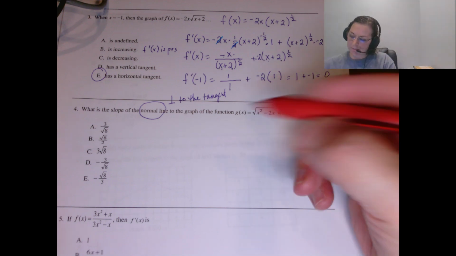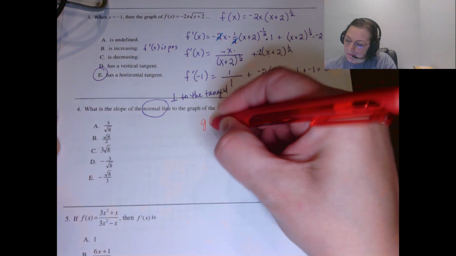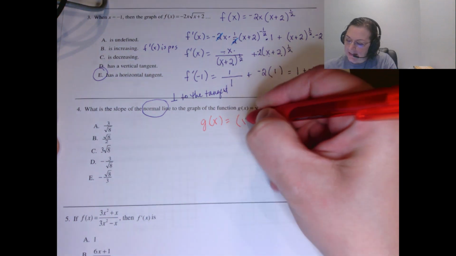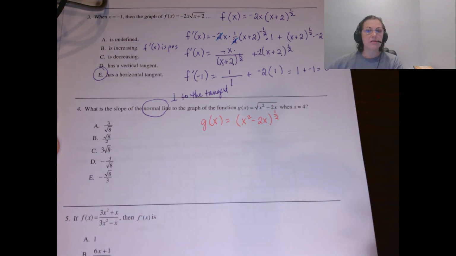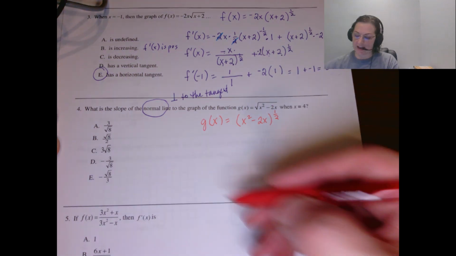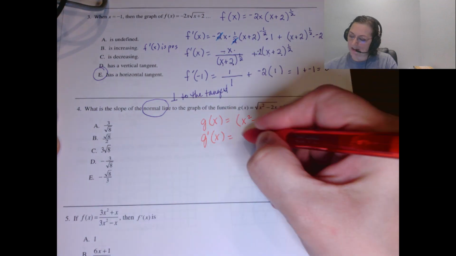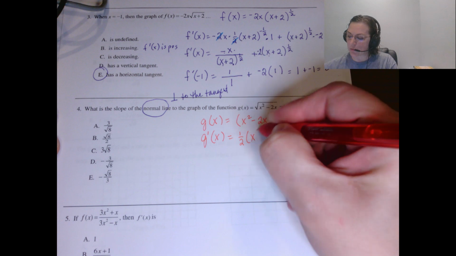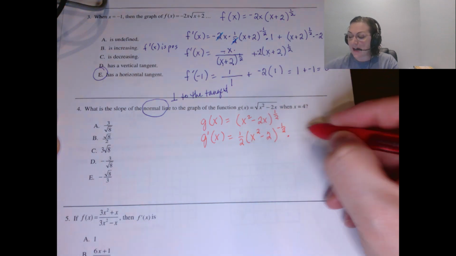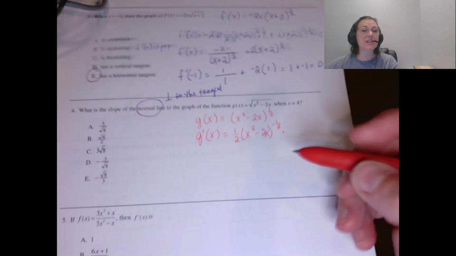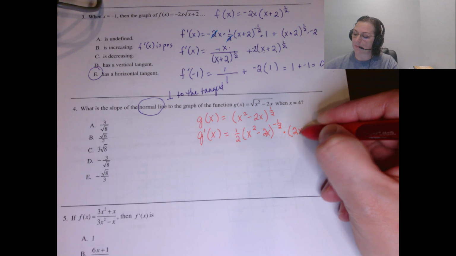Let's find the tangent. So it looks like I'm going to rewrite g of x as x squared minus 2x to the 1/2, so we can take the derivative of that. So 1/2 times x squared minus 2x to the negative 1/2 times the derivative of your x squared minus 2x, which would be 2x minus 2.